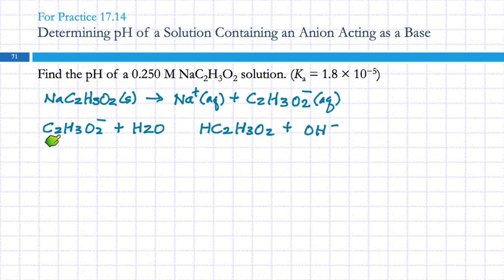All anions can act as bases. If we make the conjugate acid of it, is this a strong acid or a weak acid? It's a weak acid. So this is an equilibrium, so we can do an ICE table.